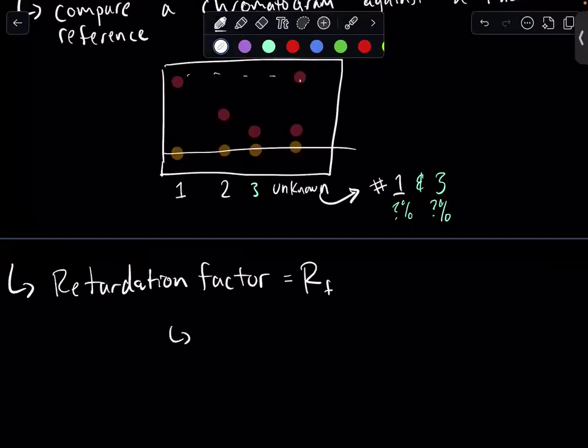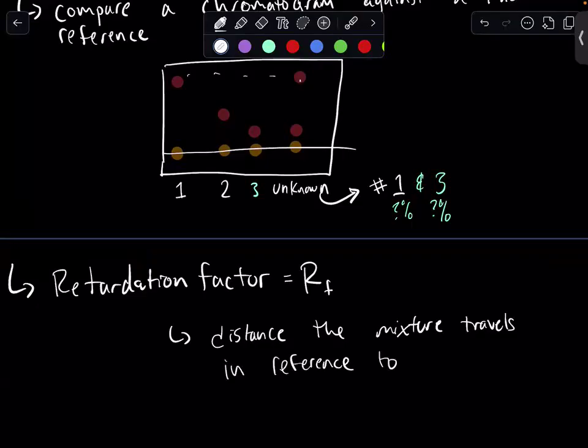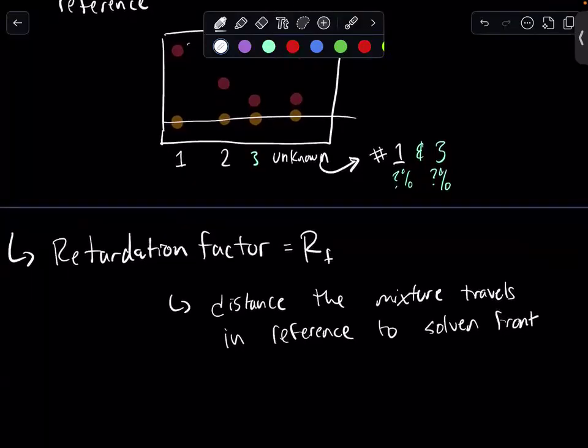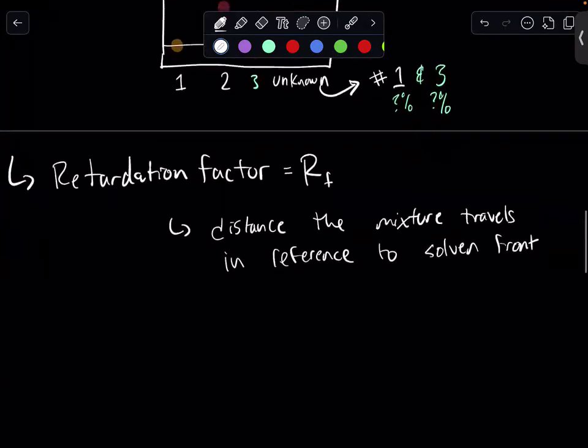Now, this is basically a way that tells us the distance the mixture travels in reference to the solvent front. What this does is it helps us work with different mixtures at different times, and I'll indicate why that's important in just a moment after we learn about how to calculate Rf.